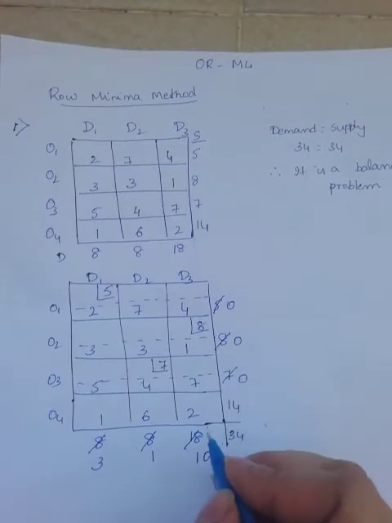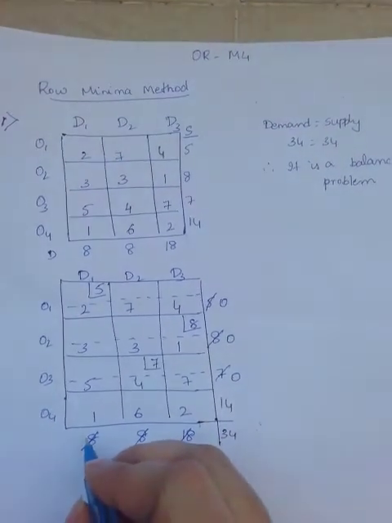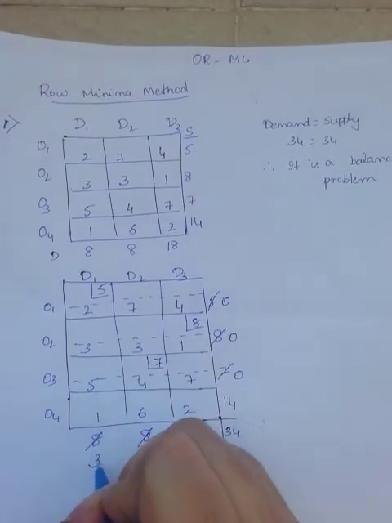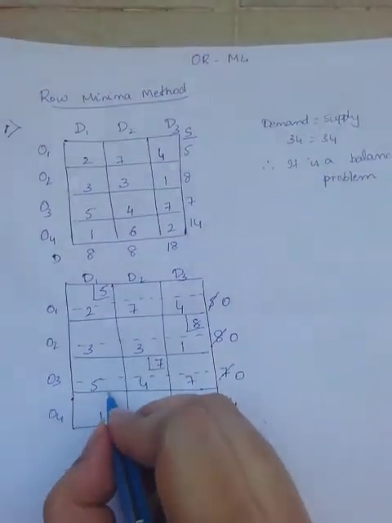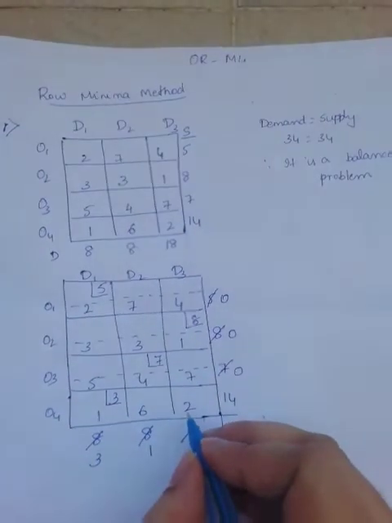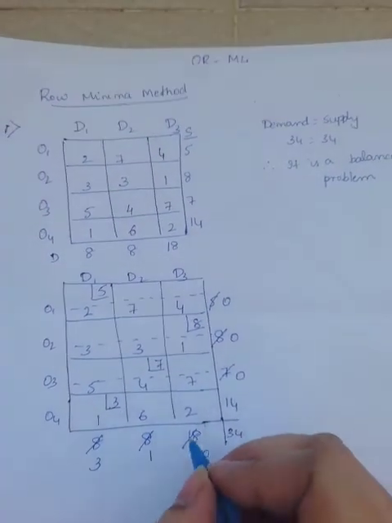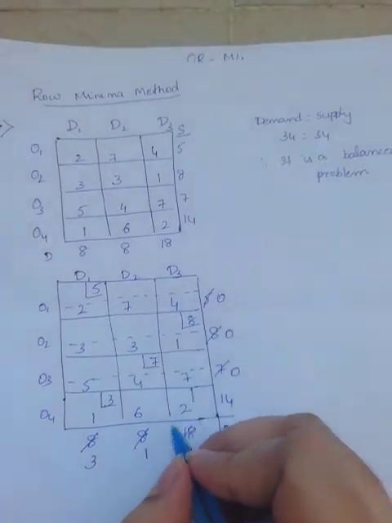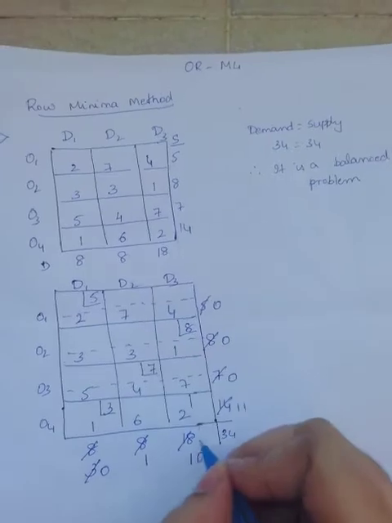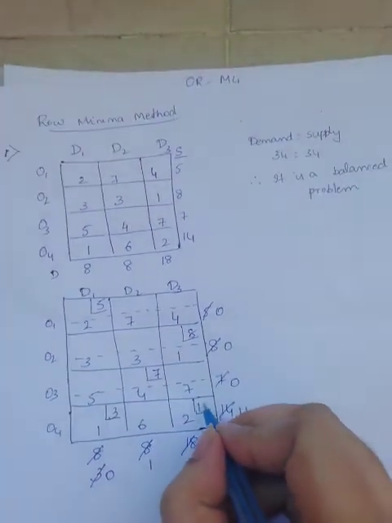And the last row, whichever is the minimum, that we are going to allocate first. So 1 is minimum, so we will be able to allocate. Out of 3 and 14, 3 is the least. So for this we will be able to allocate 3. Out of 6 and 7, now 2 is the least, so we'll be able to allocate 10.